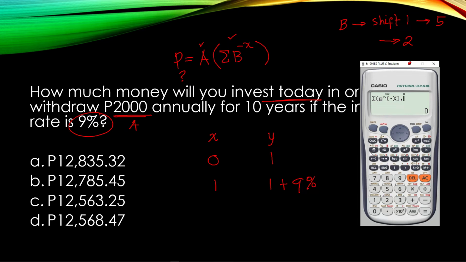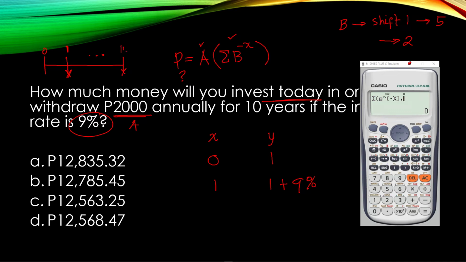So, the lower limit, so tingnan natin kung kailan siya first mag-withdraw ng pera. So, kumbaga, this is our cash flow. So, ibig sabihin, this is at time 0. First withdraw niya is at year 1. So, ibig sabihin, magsa-start tayo at year 1, end tayo sa year 10.